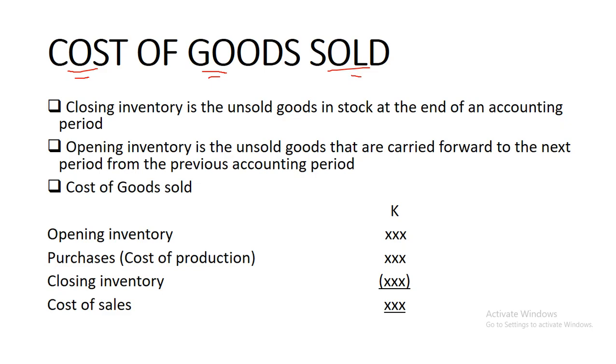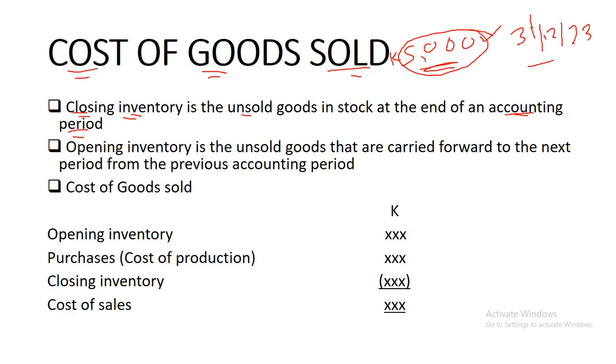So the first thing that you need to understand is what's called closing inventory. Closing inventory is the unsold goods in stock at the end of the accounting period. All right, so you've got a bakery, you sell bread. At the end of the period, you've got inventory of, say, 5,000. So you've got stock of bread amounting to 5,000. That value of 5,000 at the end of the period on 31st December, maybe 2023, right?